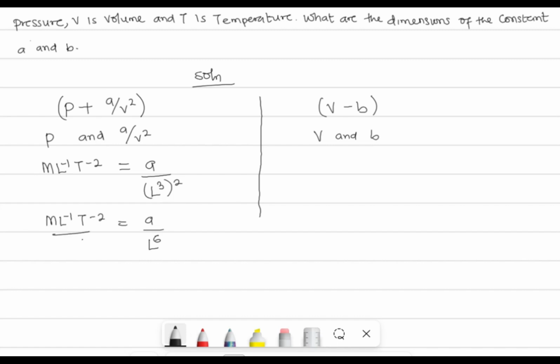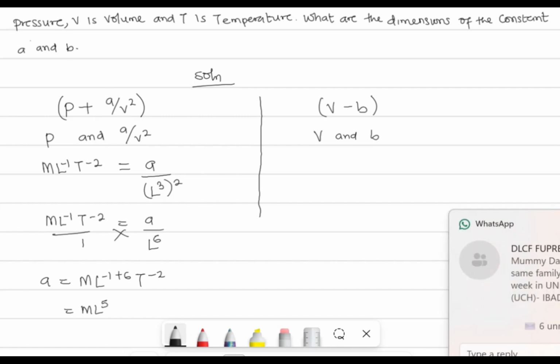Eventually, if we cross multiply this, we get that A is simply equal to M L⁻¹ with plus 6 because you are multiplying now, and then T⁻². So this is simply M L⁻¹, sorry, M L⁺⁵, let me correct that. So M L⁵ T⁻².